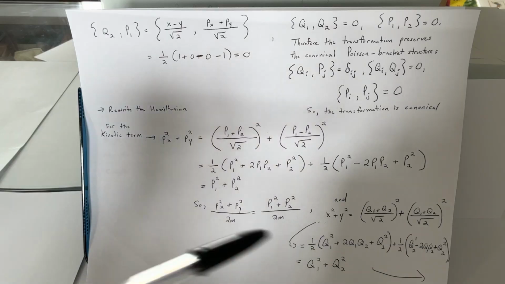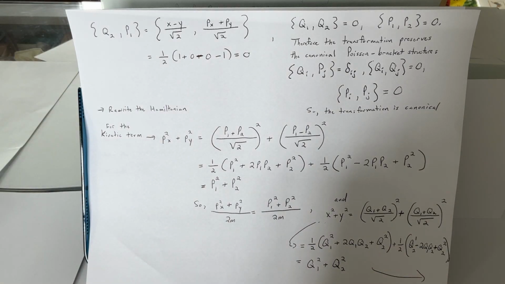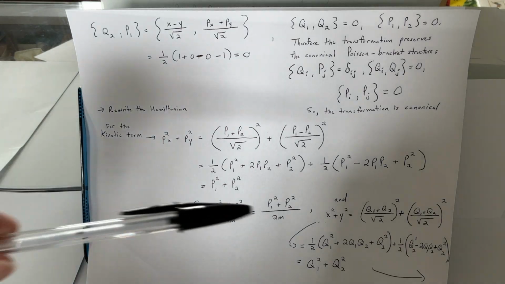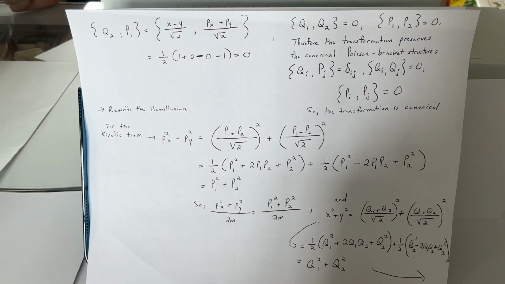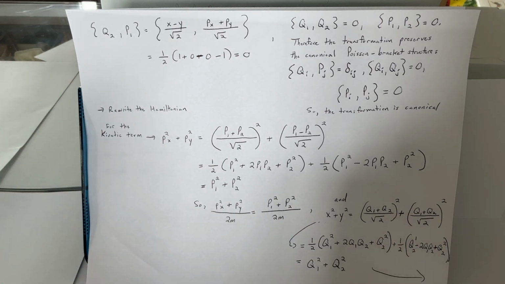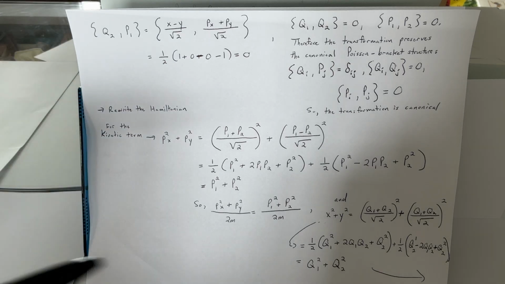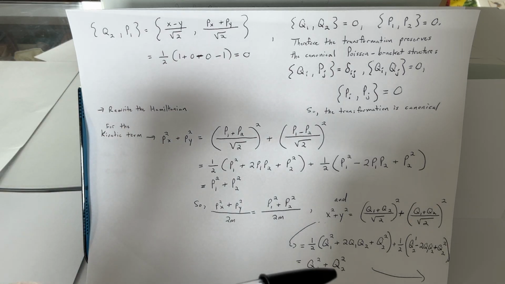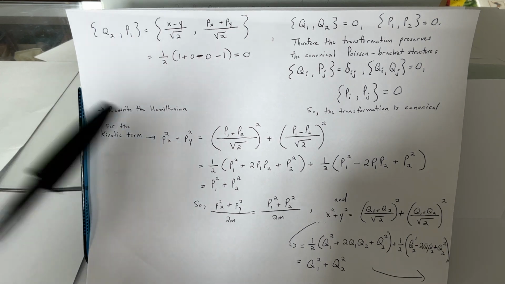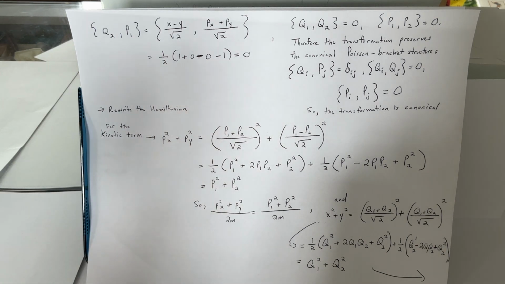This is going to be now 1/2 times the quantity x_1 squared plus 2 x_1 x_2 plus x_2 squared, and then 1/2 times the quantity x_1 squared minus 2 x_1 x_2 plus x_2 squared. So that's x_1 squared plus x_2 squared. Some people call this x_{1,2}, x_{2,2}.